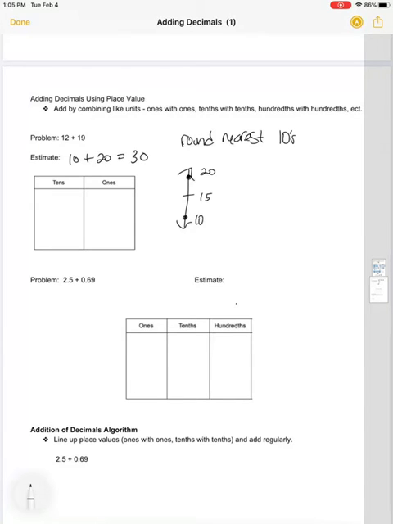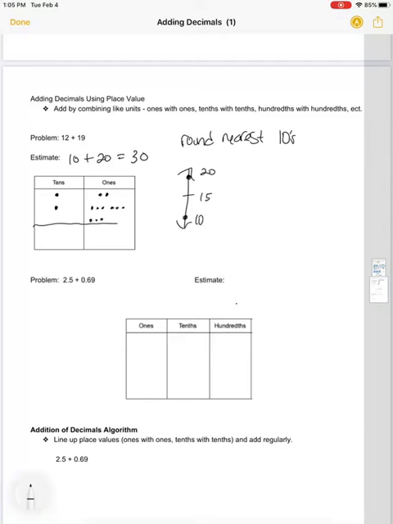So a reasonable estimate is going to be in the tens place value, and it's going to be close to 30. Now if you'll remember how these work, basically we take both numbers apart and we just put a dot to represent how many we have. So 12 is made up of 1 ten and 2 ones. 19 is made up of 1 ten and 9 ones.